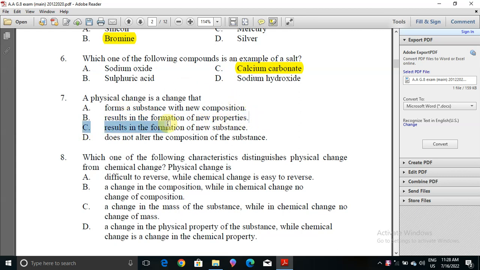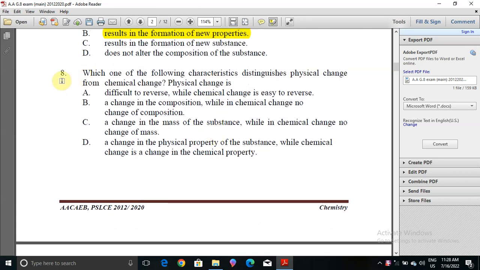In question number 8, which one of the following characteristics distinguishes physical change from chemical change? Physical change is difficult to reverse, while chemical change is easy to reverse. A change in the composition, while in chemical change no change of composition. A change in the mass of the substance, while in chemical change no change of mass.